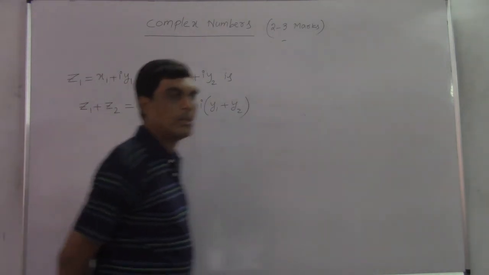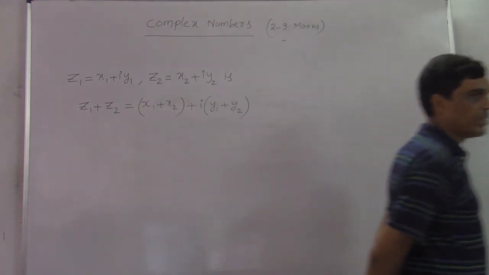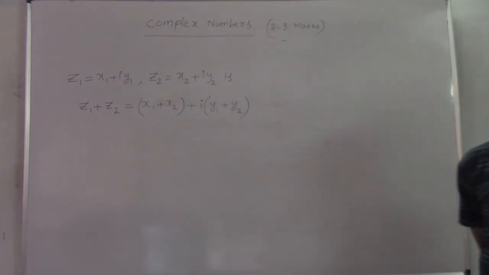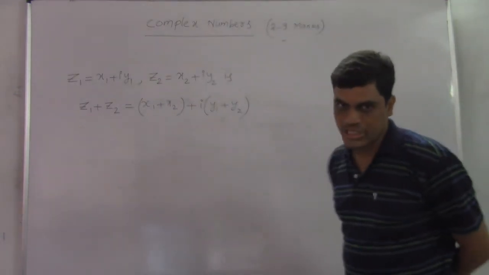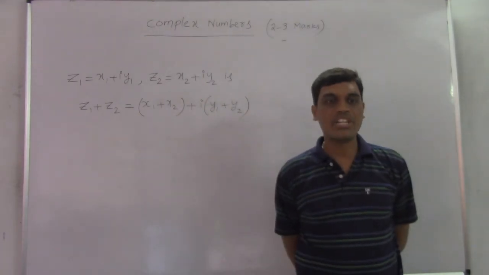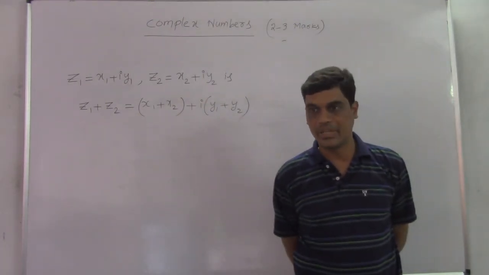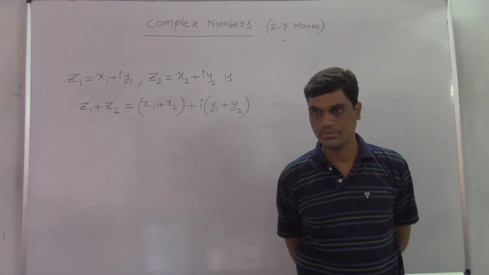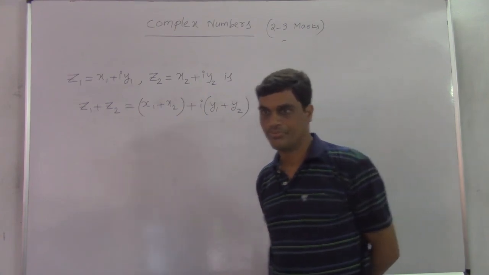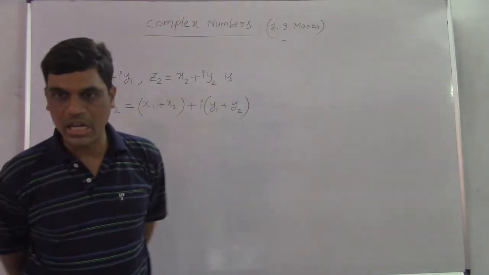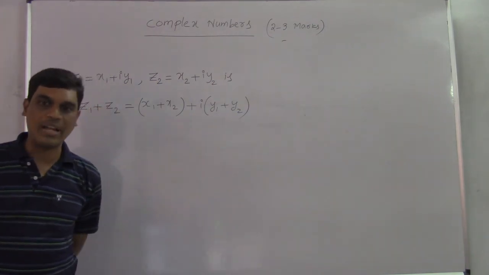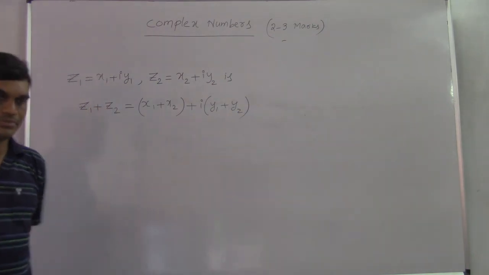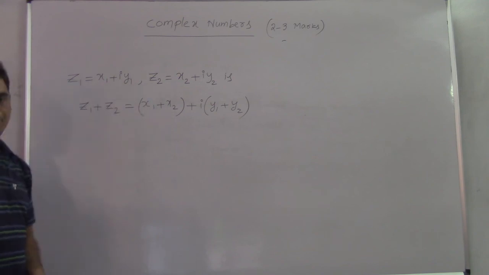Next point, multiplication of two complex numbers. Same thing, Z1, Z2.